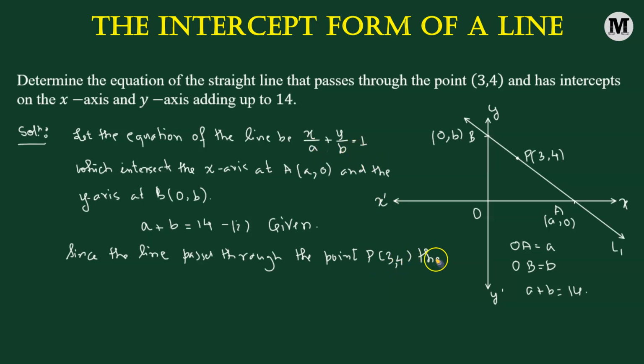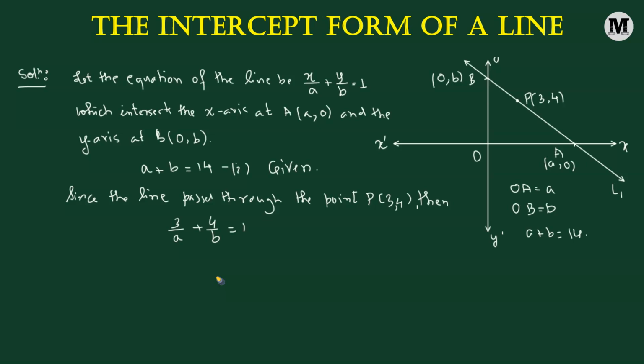Then we can say that 3 over a plus 4 over b must be equal to 1. That means the point lies on the line, so the x coordinate is replaced with 3 and the y coordinate is replaced with 4. Simplifying this, we get 3b plus 4a equals ab. Let this be equation number 2.